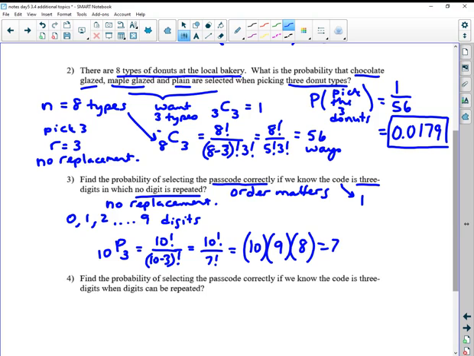So there are 720 ways to have a passcode, but only one of them, our code, only one of these passcodes is right. So 1 out of 720, and that would be a probability of 0.00139.